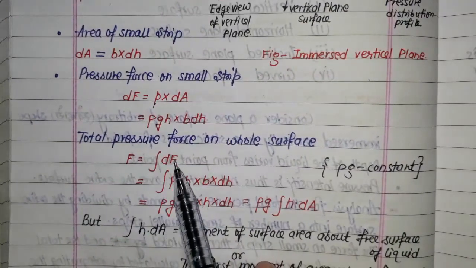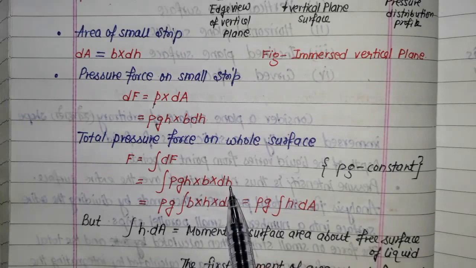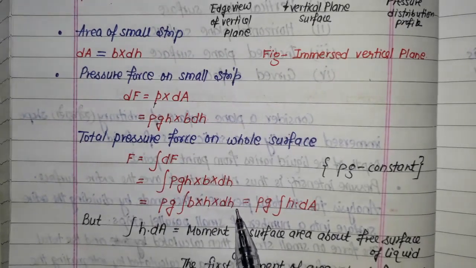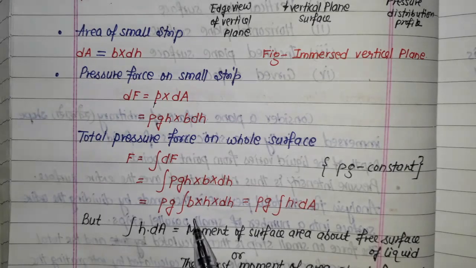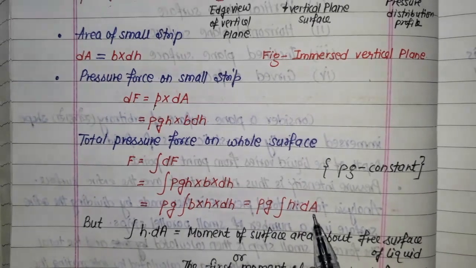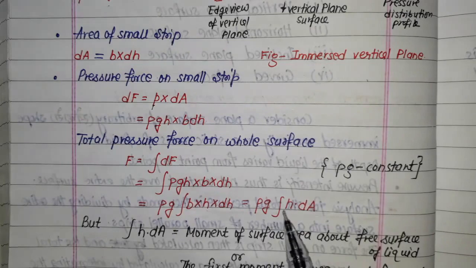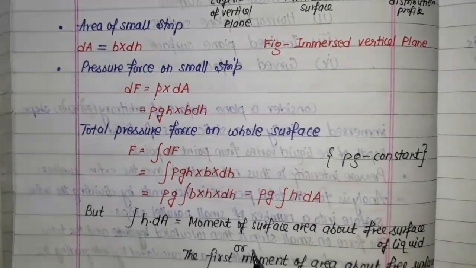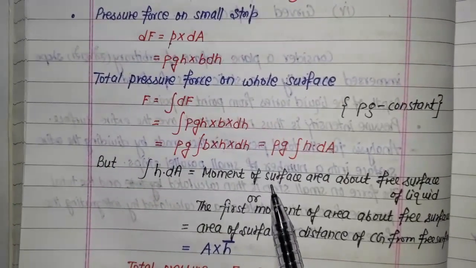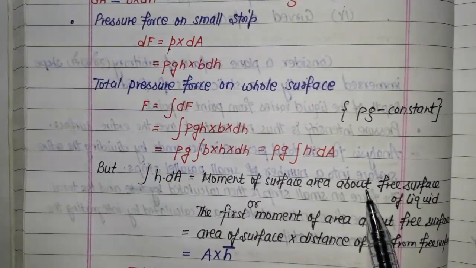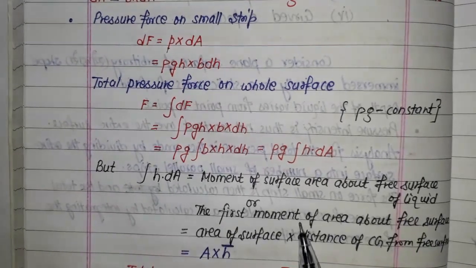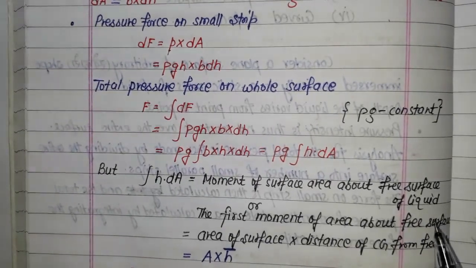So integration of dF, substituting the value of dF, is rho g h b dh. Rho and g are constant parameters, so it is b h dh. Here b into dh is equal to dA, so it becomes rho g integration of h dA, and this integration of h dA is the moment of surface area about the free surface of liquid, or we can say the first moment of area about the free surface.